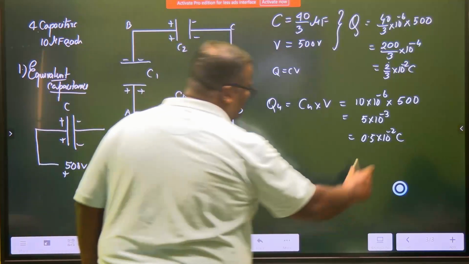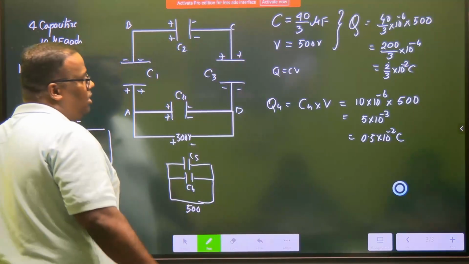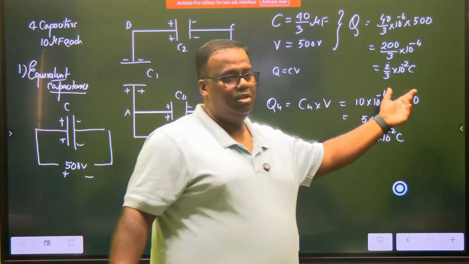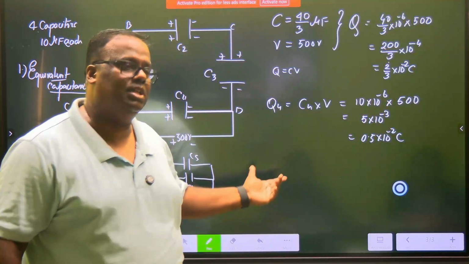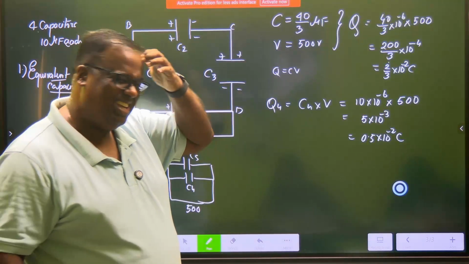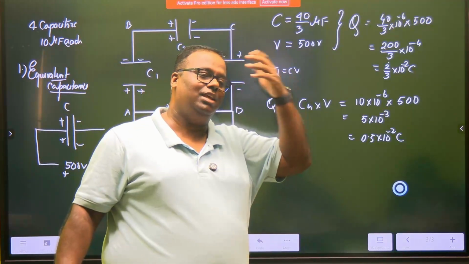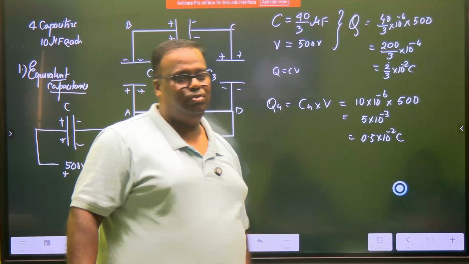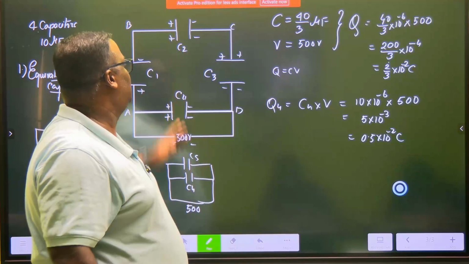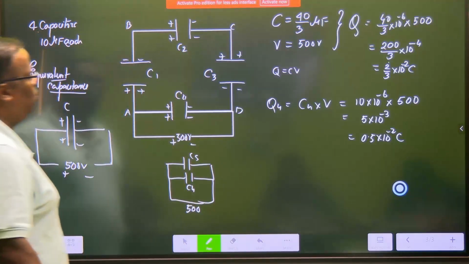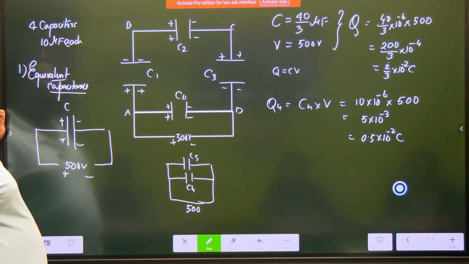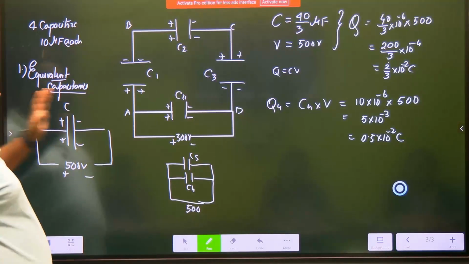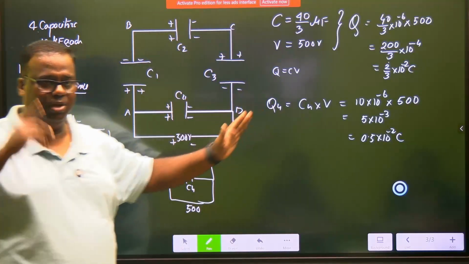This 0.5 into 10 to the power minus 2 coulomb, if you subtract from here, you get the value of CS. And when you divide by 3, you should be getting the value, because all the capacitors are same. If you divide by 3, the charges, no, hang on. Why will you divide it by 3? You won't divide it by 3, because it's the same current, the same charge that is flowing out here.